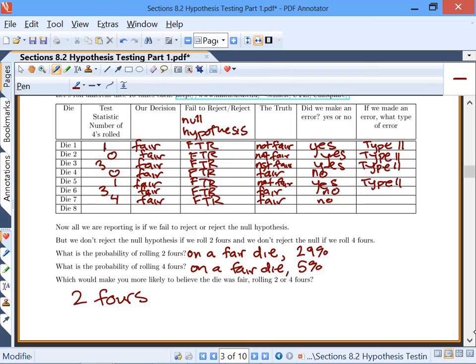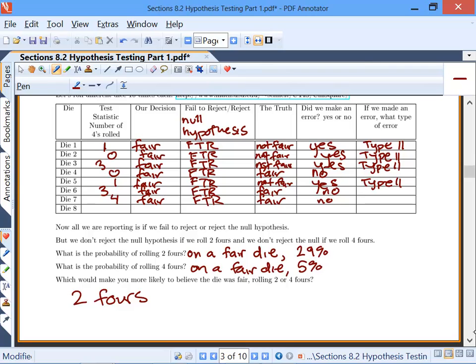So because we used a significance level of 5%, does that mean we should be correct on our guesses 95% of the time? Is that what that's saying? That means as far as making a type 1 error goes. Okay, so we're only going to make a type 1 error 5% of the time.